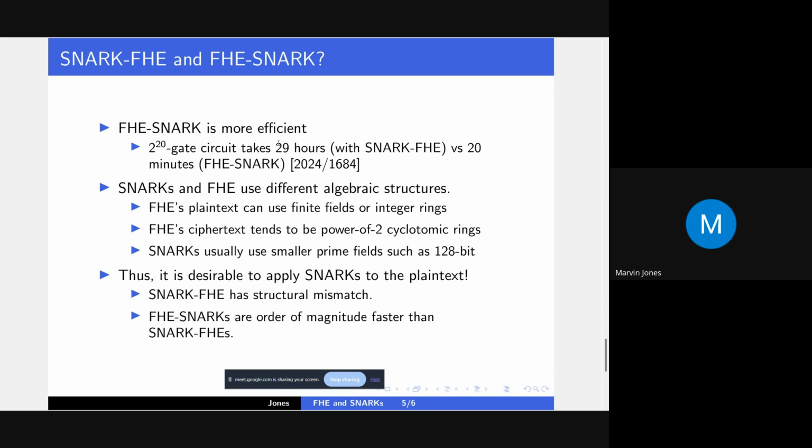So, that's all I prepared to avoid things being too technical. But I will mention that the FHE snark versus snark FHE has a really cool polynomial commitment that can work with openings where some of the parameters are encrypted.